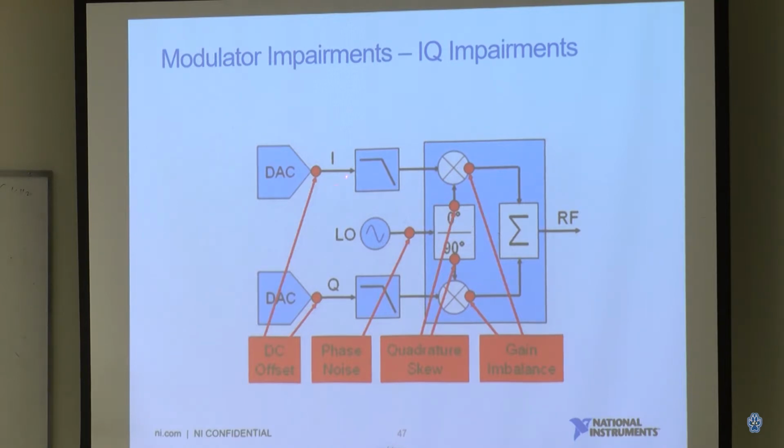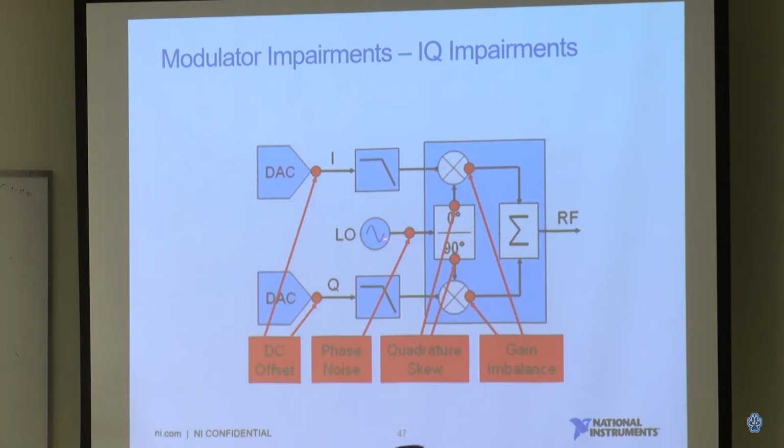Each part of the hardware can contribute some issues. Like the I and Q on the analog and digital side can cause a DC offset error. Your local oscillator always has phase noise.